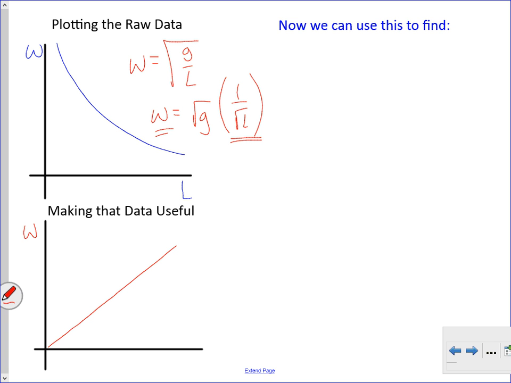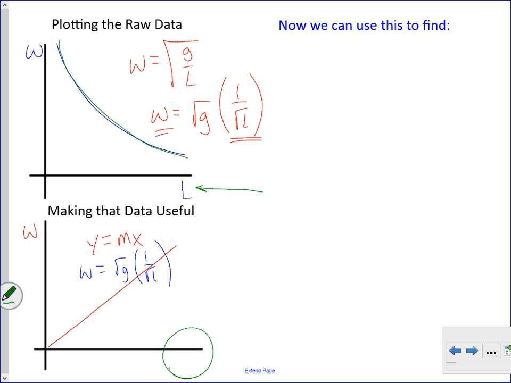Straight line graphs have the form y equals mx plus b. Well, we have the equation omega is the square root of g times 1 over the square root of L. So your job is to do some manipulation of your raw data and come up with a straight line graph. So the question is, what do you put here? It ain't L, because if you just put plain old L there, you get a graph that looks like this.